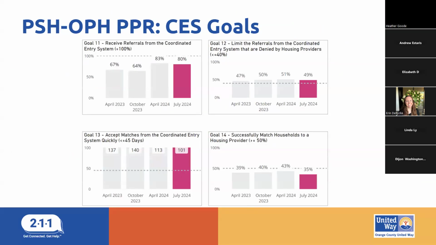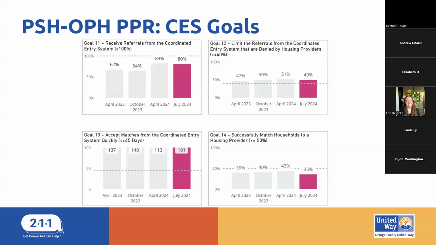This slide shows the CES goals for our permanent supportive housing and other permanent housing PPR. Goals 11 through 14 look at referral data for the coordinated entry system and CES participating projects. We saw fairly consistent performance this reporting period. For goal 11, we had 80% of referrals received from CES.